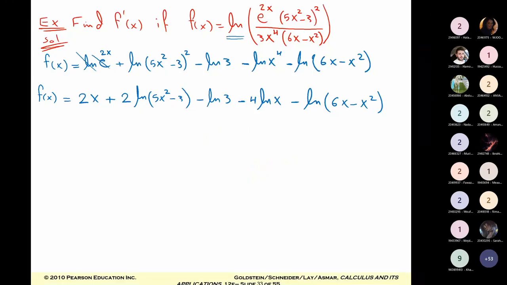Now, after simplifying more, we can find the derivative. Can we find the derivative or not? This is very easy now. What's the derivative of 2x? Two.